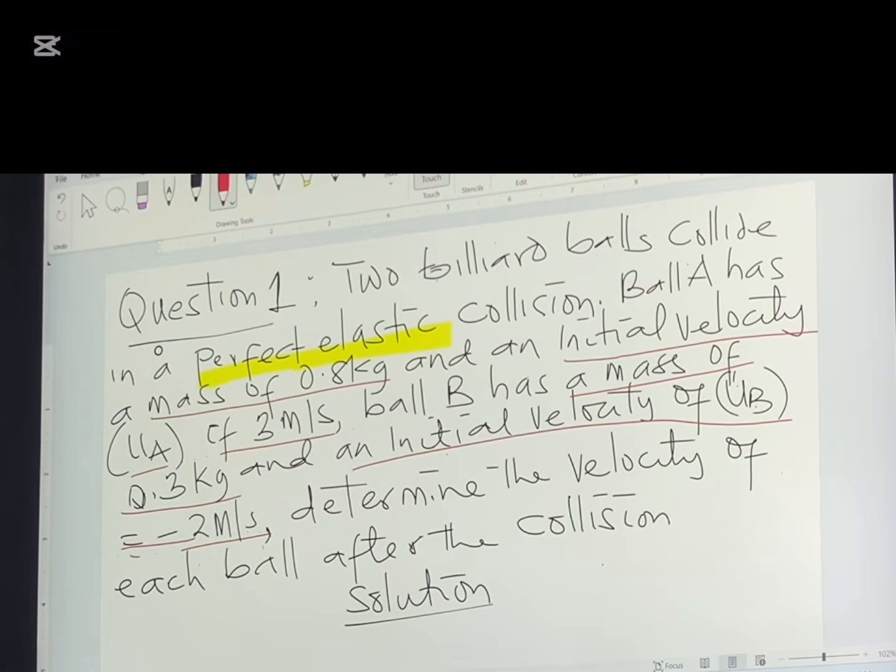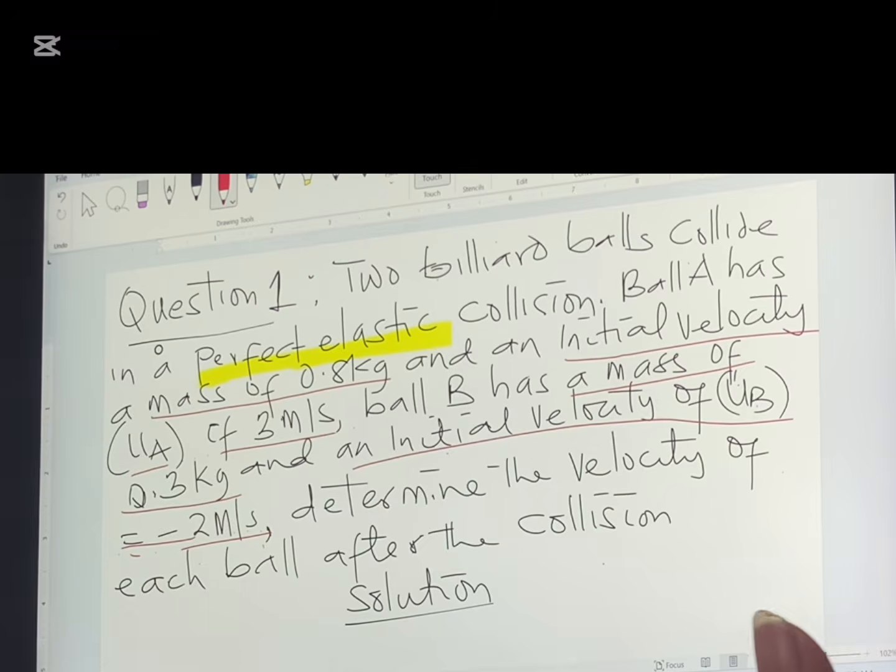Whenever you have a question on collision, the formula we use to solve that particular question is the formula for conservation of linear momentum.